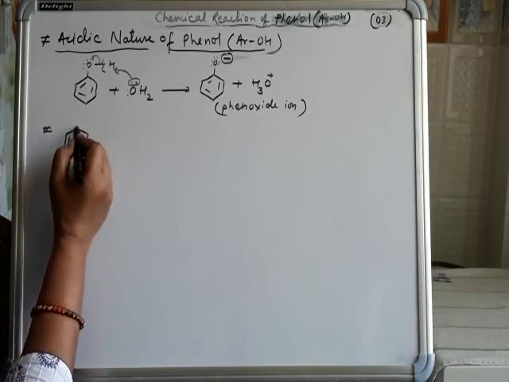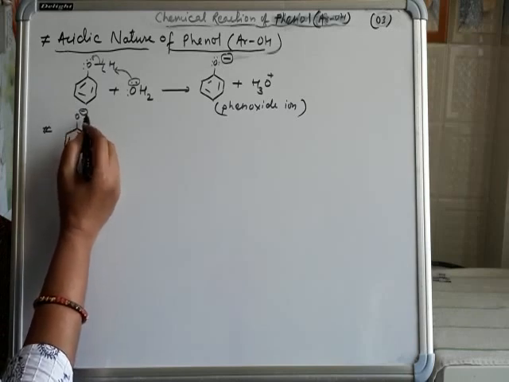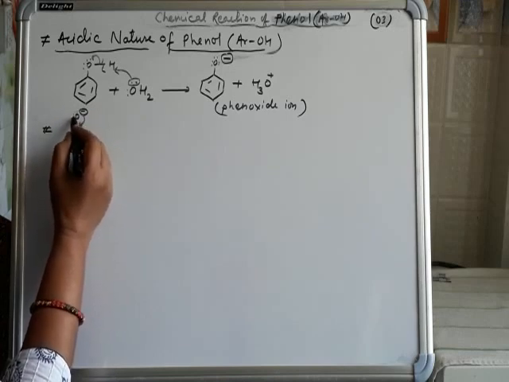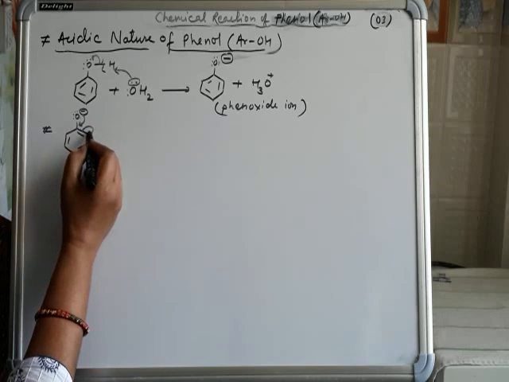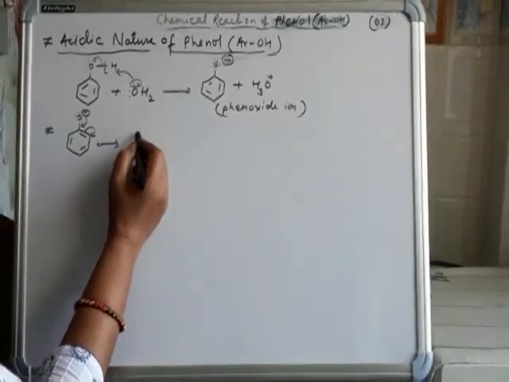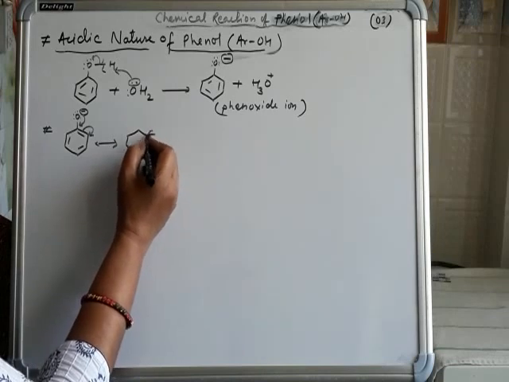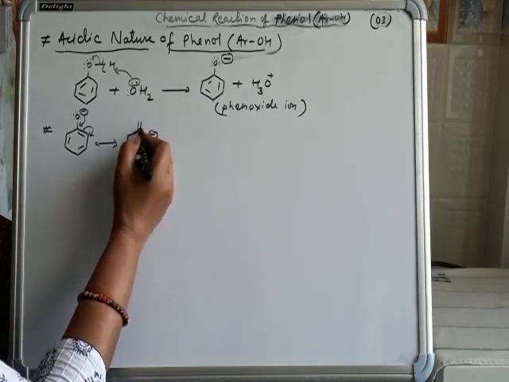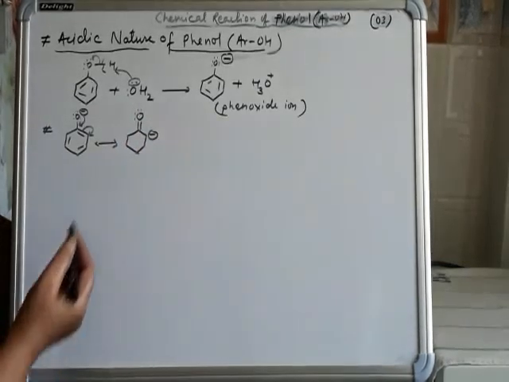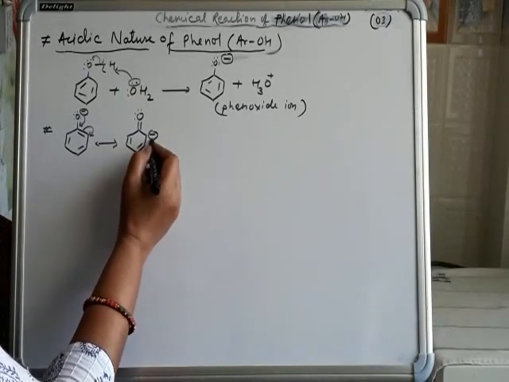The negative charge present on the oxygen atom comes between oxygen and carbon, and this pi electron shifts towards the ortho position. No positive charge appears during this resonating structure. This shifts towards it, this shifts towards.